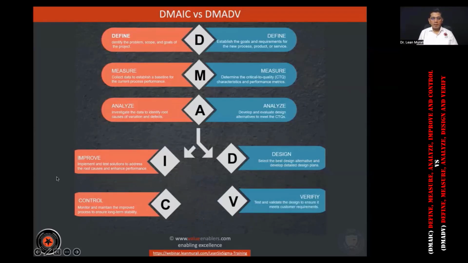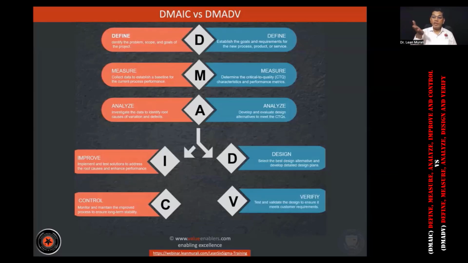Control. In the DMAIC methodology, you define, measure, analyze, improve, and control. What is control? Sustain. You have implemented and tested solutions so that your root causes are addressed. The root causes don't affect the process anymore. You now operate with an enhanced level of performance, but then you'll have to sustain that enhanced level of performance.